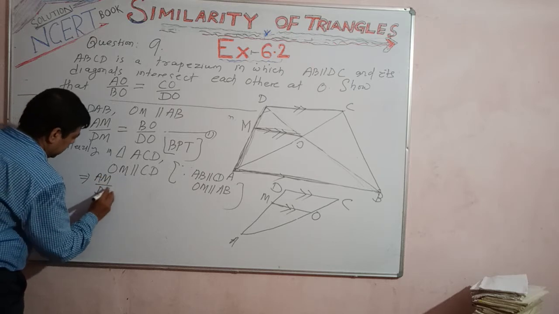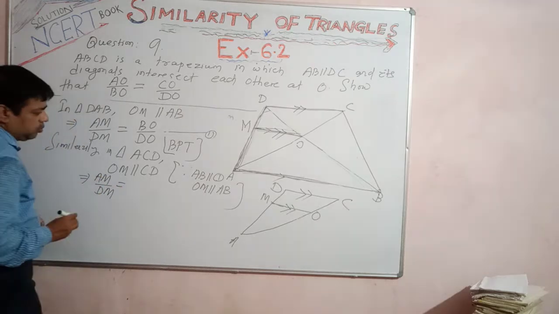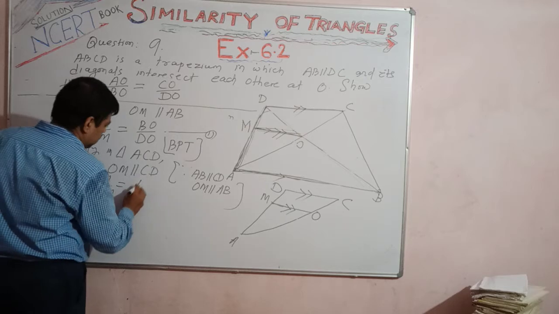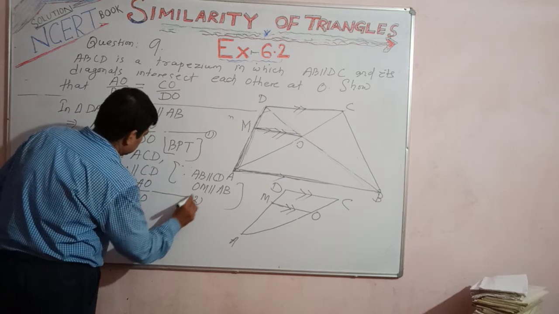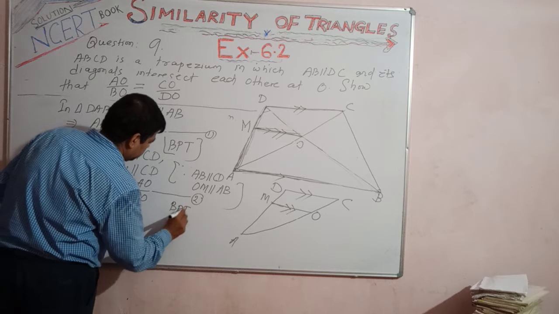Similarly, according to the BPT theorem, AM upon DM is equal to AO upon CO. This is also as per the BPT theorem.